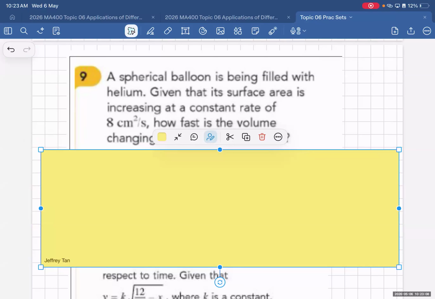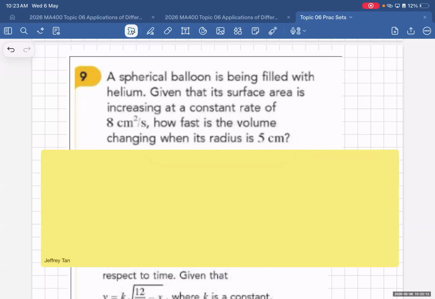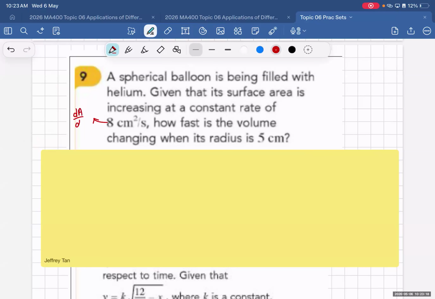Here, what is given to you is dA/dt, and what you're supposed to find is dV/dt. It seems misleading that what you're going to find sounds like dV/dA, but we cannot have V in terms of A. It's not possible. But what I'll tell you is we find r first.